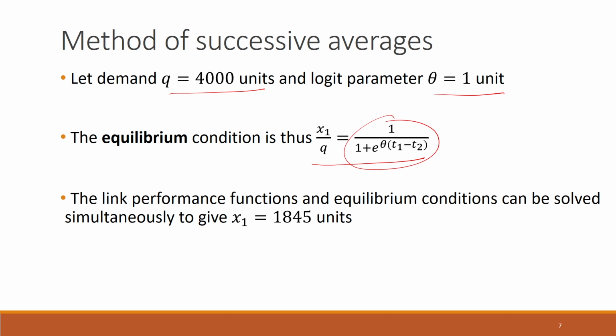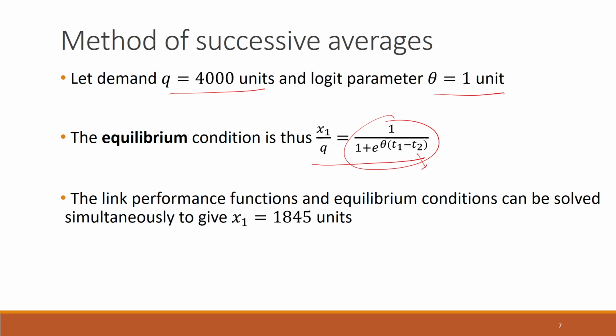Okay. So, here T1 and T2 are the measured travel times. Now, one can easily solve this, because T1 is the measured travel time on link 1. If you remember, in the stochastic user equilibrium case, we assume that the expected travel time is the measured travel time, and that is given by the link performance value. So, for T1 you can replace the expression of the link performance function that we just saw in the previous slide, which is a function of x1.